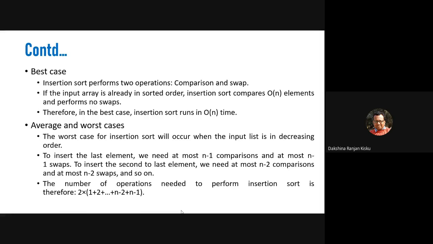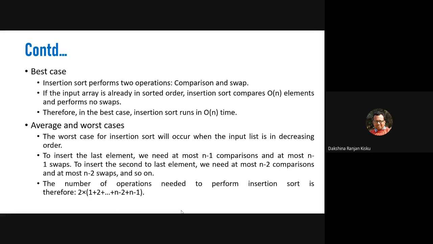Now, what will be the average and worst case time complexity? The worst case occurs when the elements of the array are given in decreasing or descending order. To insert the last element, we need at most n minus 1 comparisons and at most n minus 1 swaps.